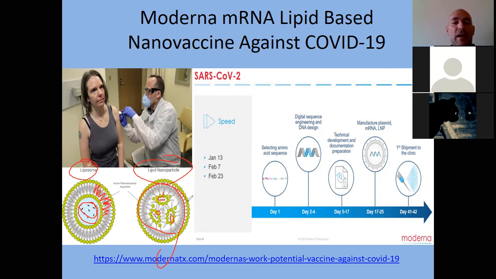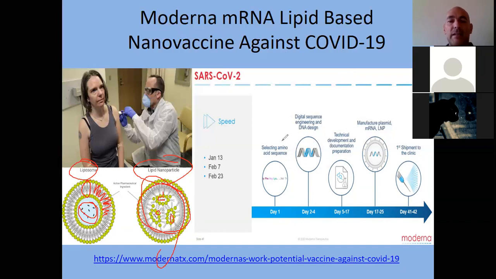But the surface of this nanoparticle is typically made of one layer of lipids, but in liposome it is made of two layers of lipids, okay? Now, what is very interesting about this is that they have developed this vaccine in very short time.